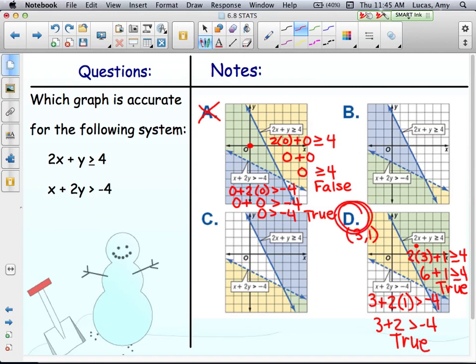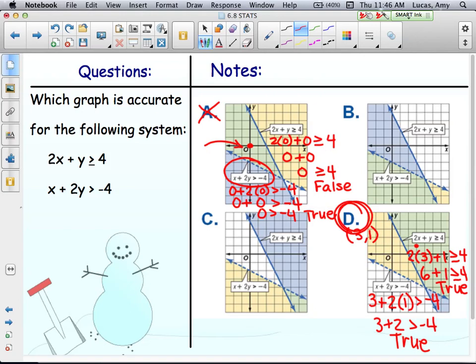My solution is D. So your test point, if you pick a point that's in the doubly shaded region, so I picked a point that was in the green region. I tried A first. It was not true for both of the inequalities, so I eliminated that answer choice A. I used the knowledge that this test point was correctly shaded for the dashed line, for this inequality.